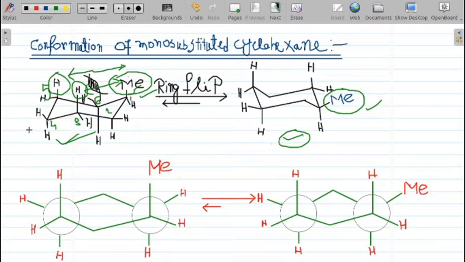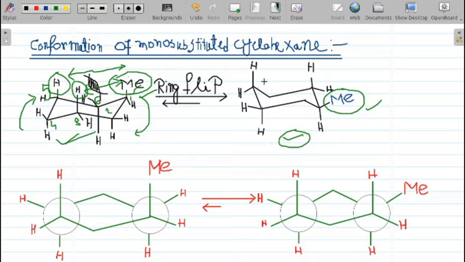Now if the ring flip occurs, then this carbon becomes this carbon, there will be rotation in this direction, and this carbon will be this carbon, and the methyl group will be present at the equatorial position.